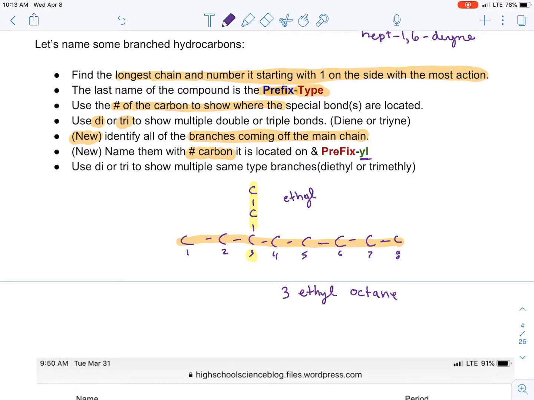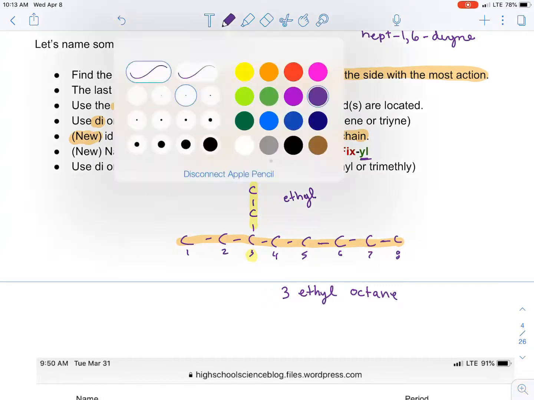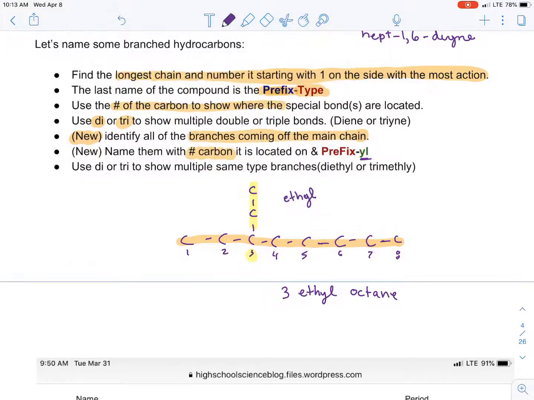All right, we're also eventually going to have multiple types of branches. So I'm going to throw some extra things on here. Let's throw a 1 carbon here, and let's throw another double carbon here.